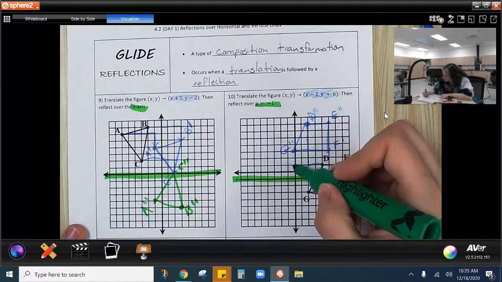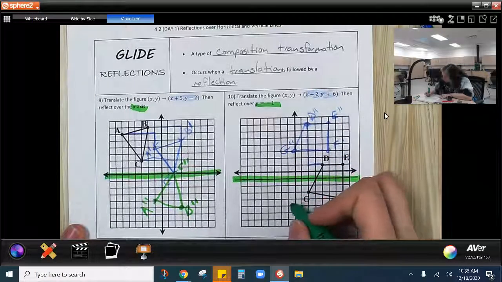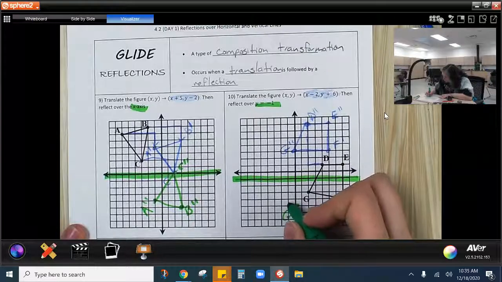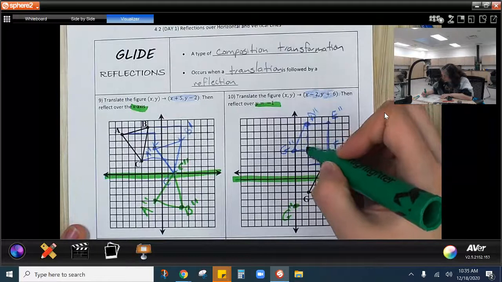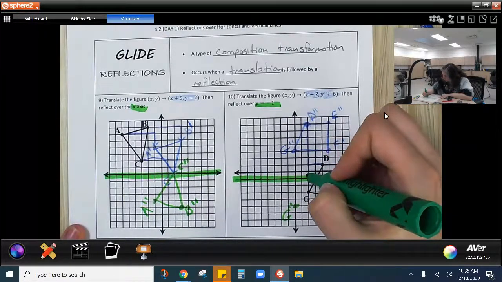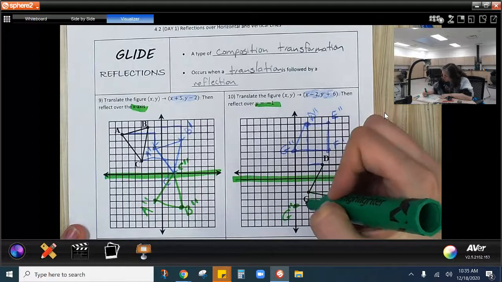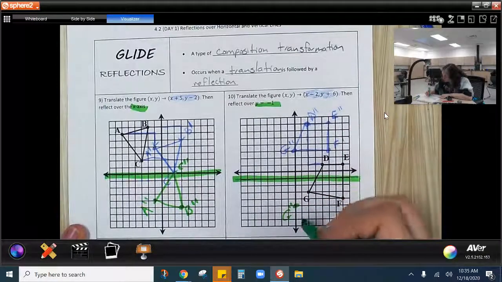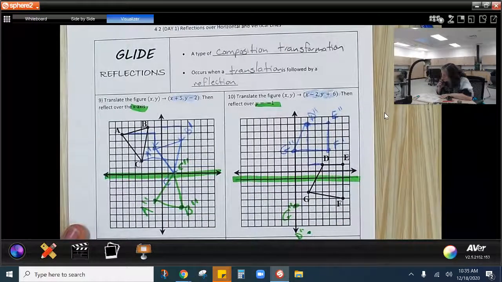G is 1, 2, 3, 4 away, so I need to go 1, 2, 3, 4. So this is G double prime. D is 1, 2, 3, 4, 5, 6, 7, 8 away, so I need to go 1, 2, 3, 4, 5, 6, 7, 8. So that should be D.